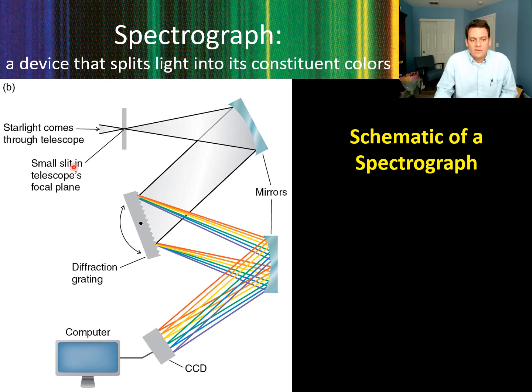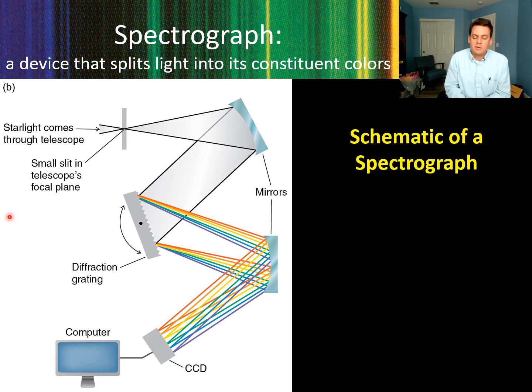Basically, the way a spectrograph works is that light comes in through a small slit in the telescope's focal plane. So again, whether you're using a refracting or a reflecting telescope, light is focused to a focal plane. You then use a mirror to reflect it onto something called a diffraction grating. There are a couple of different ways of making diffraction gratings, and we won't go into the details there. But the point is that it's something that splits light up into its colors. A prism does that using refraction.